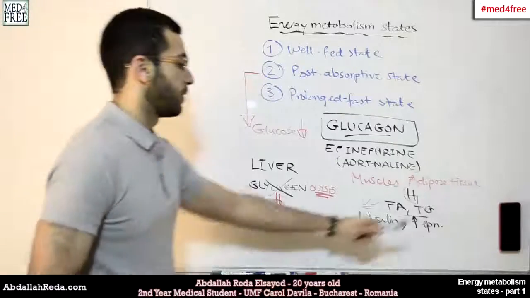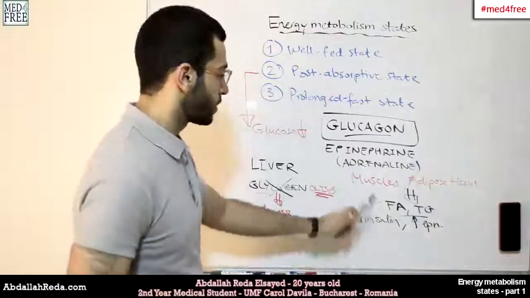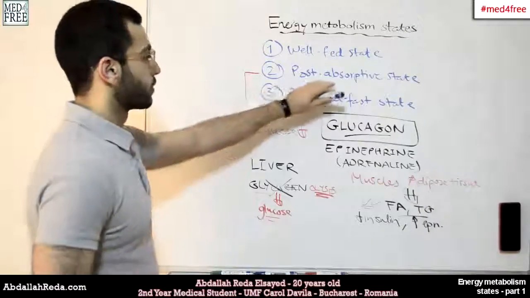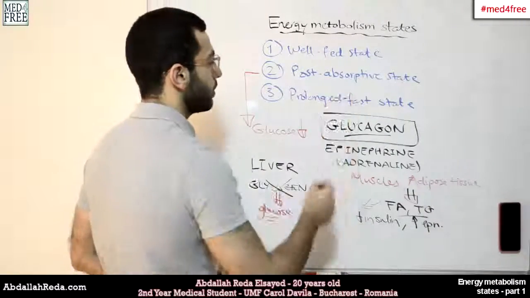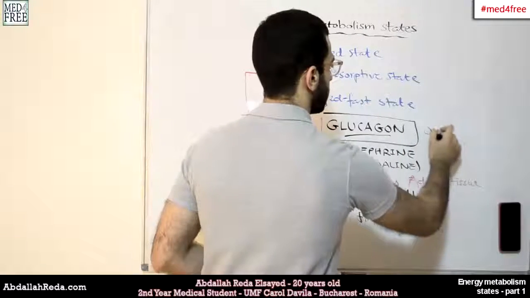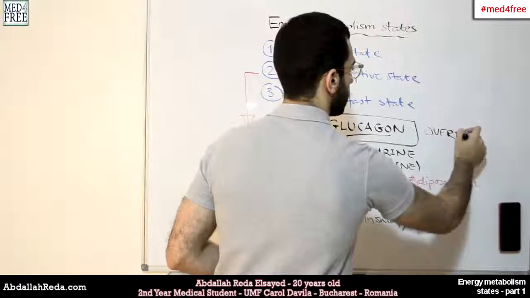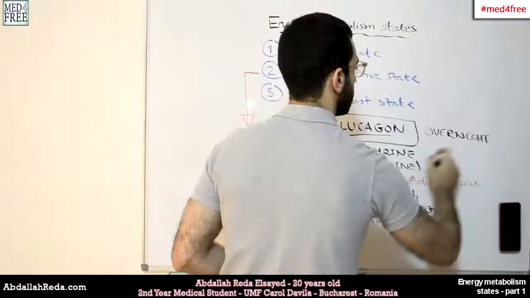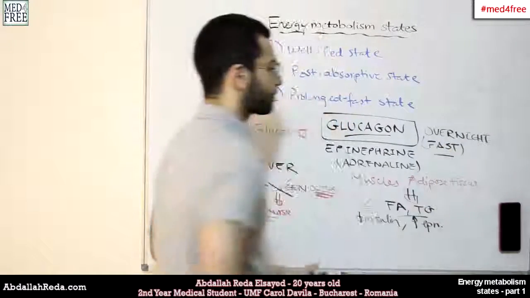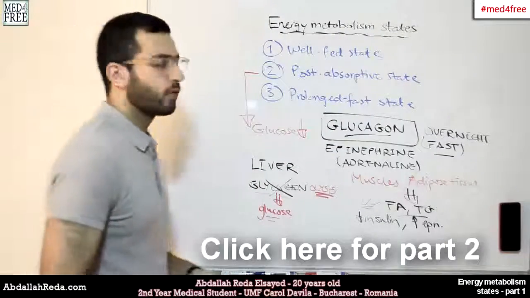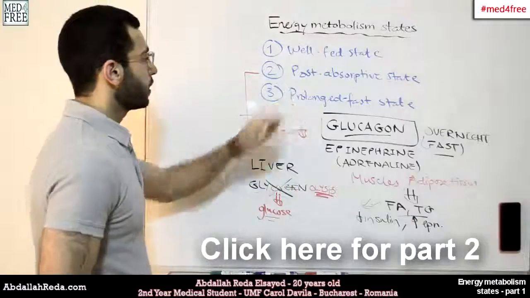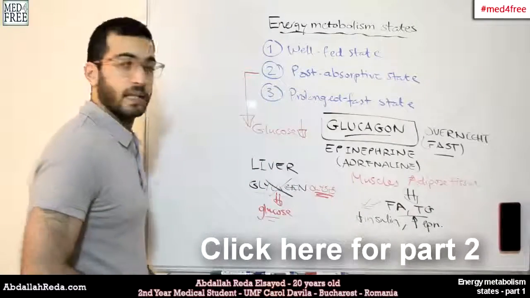So an increase in epinephrine and a decrease in insulin would trigger this action. And this is the post-absorptive state. This state would happen, let's say, in an overnight sleep, overnight fast. So a very normal kind of fast. Now we're going to talk about the prolonged fast state.